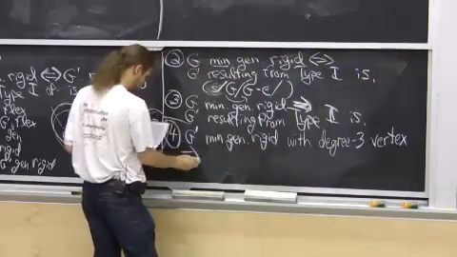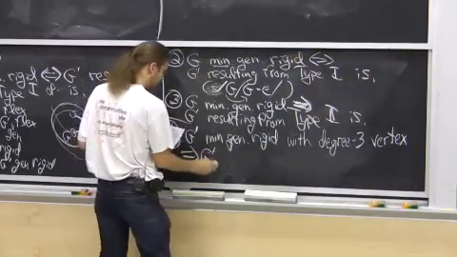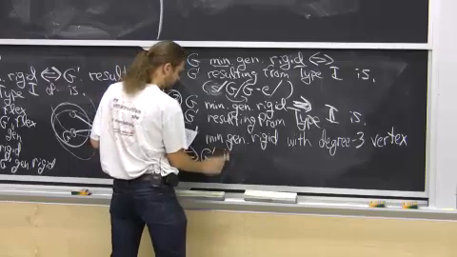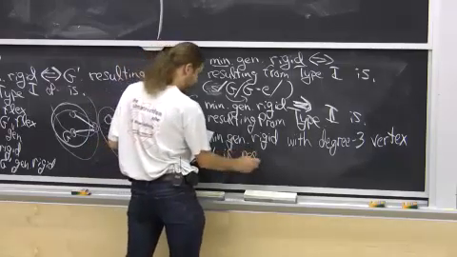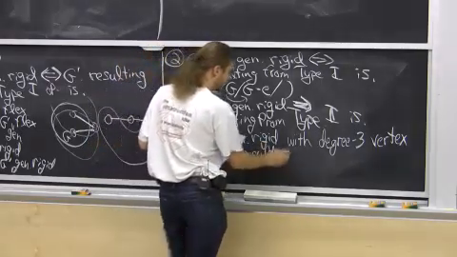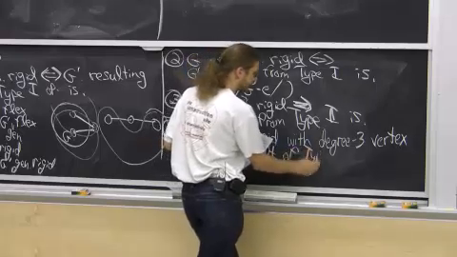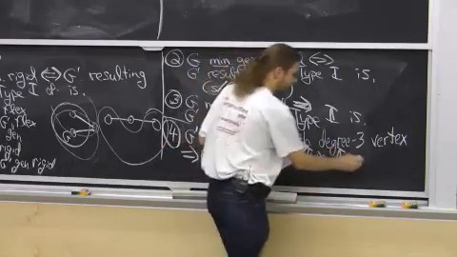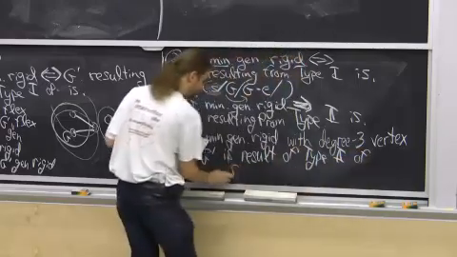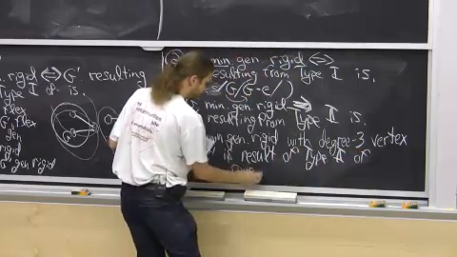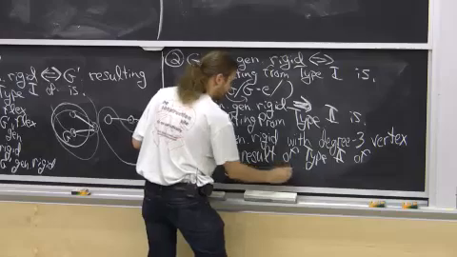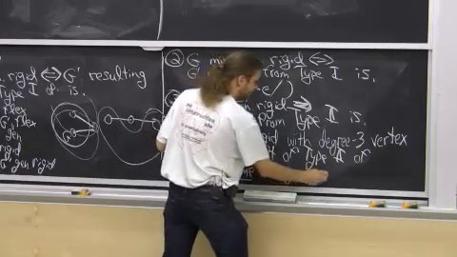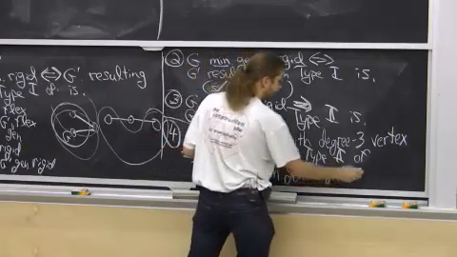Then G prime is the result of a type 2 operation of some minimally generically rigid graph G.